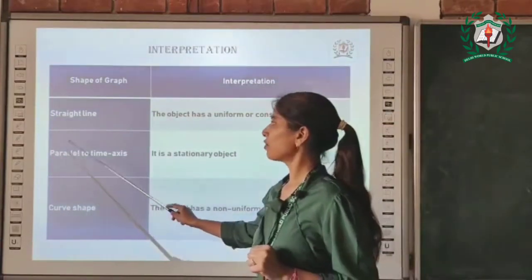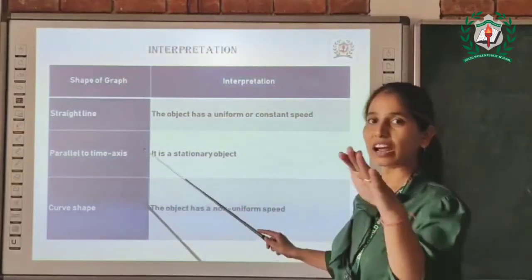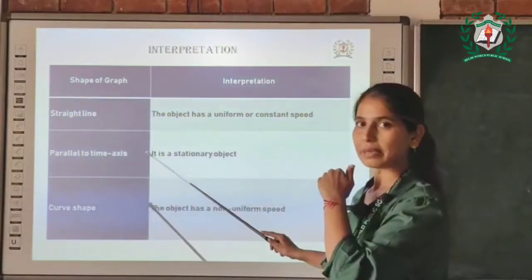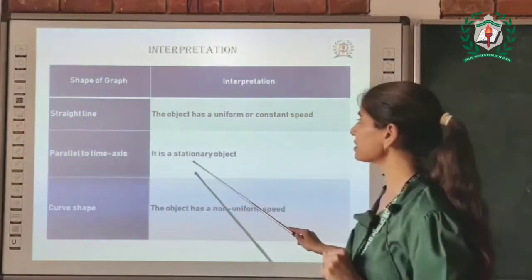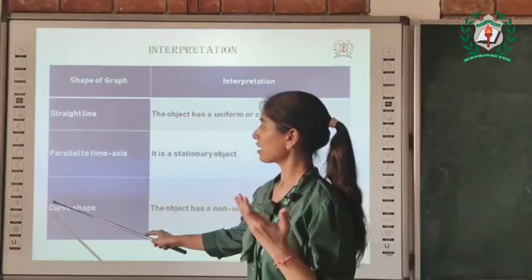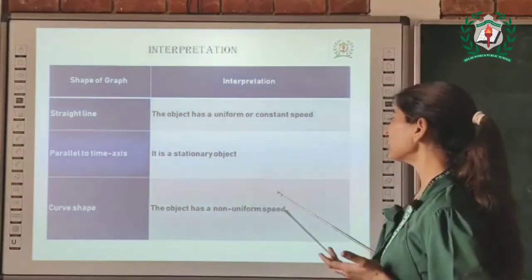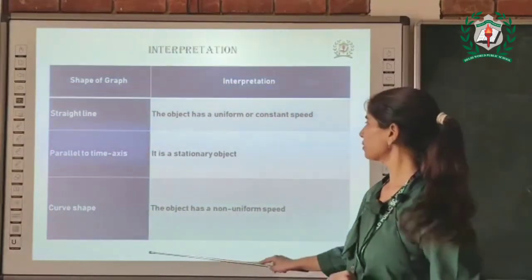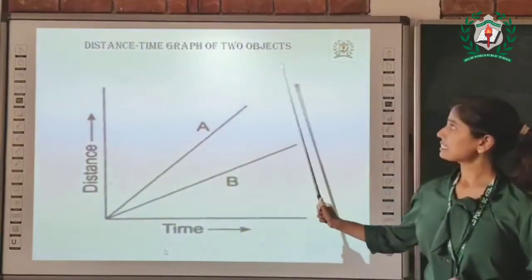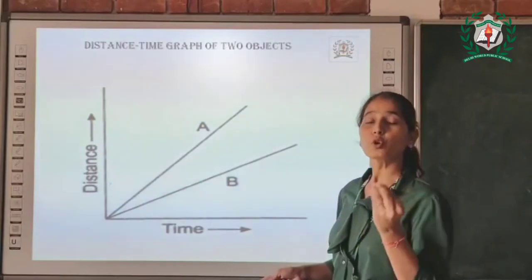If our graph is parallel to the time axis, then we'll say that it is a stationary object. And if a graph is showing a curved shape, then we'll say that the object has a non-uniform speed, right? Distance time graph of two objects. If we want to measure the speed of two objects.